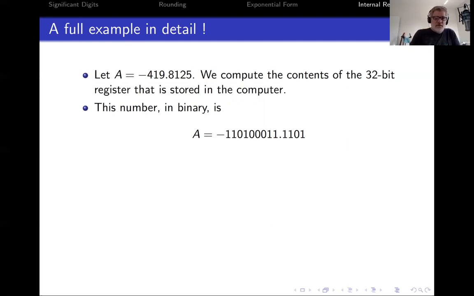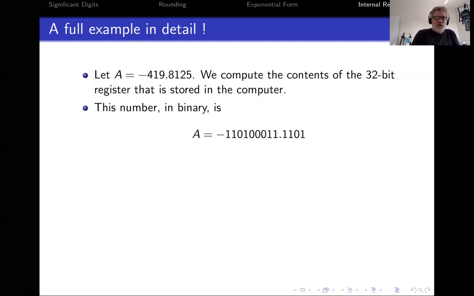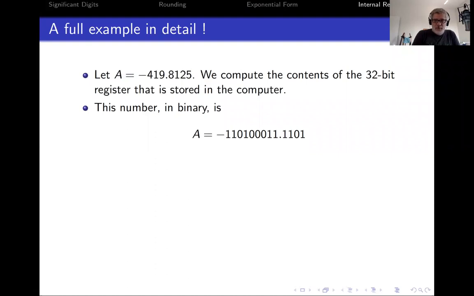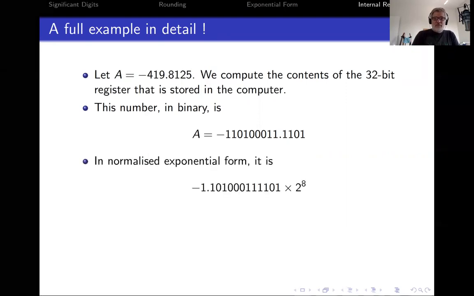Okay, so this is minus 1101000011.1101. This is that number in binary. Okay, next step, I need to write it in normalized exponential form. That's not hard, right? All I have to do is shift that point so that it is to the right of the first non-zero bit. I do that, okay?